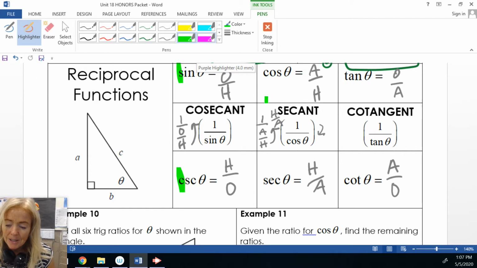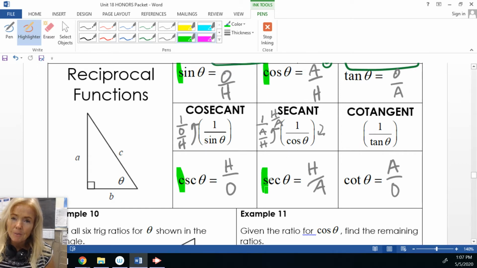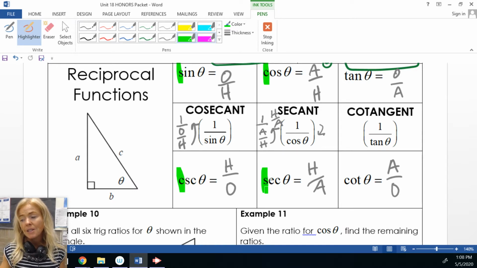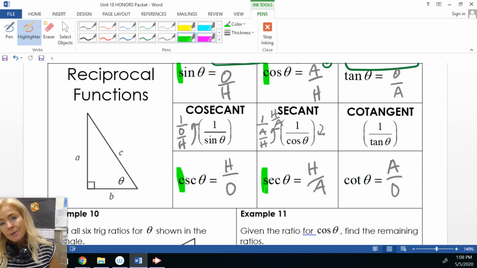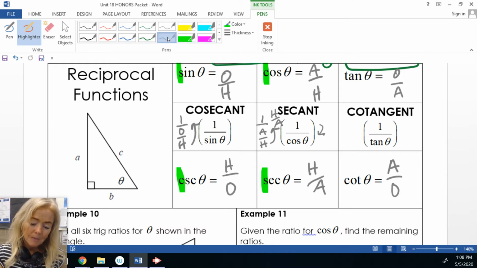It doesn't start with an S, whereas cosine, which starts with a C, has a reciprocal that does start with an S, secant. So the reciprocals don't start with the same letter. You just have to memorize cosecant. And when asked, what's the reciprocal? Cosecant starts with a C, so its reciprocal is sine, which starts with an S. That's how I always remember it. You can come up with your own way, but that seems to work the best for me.